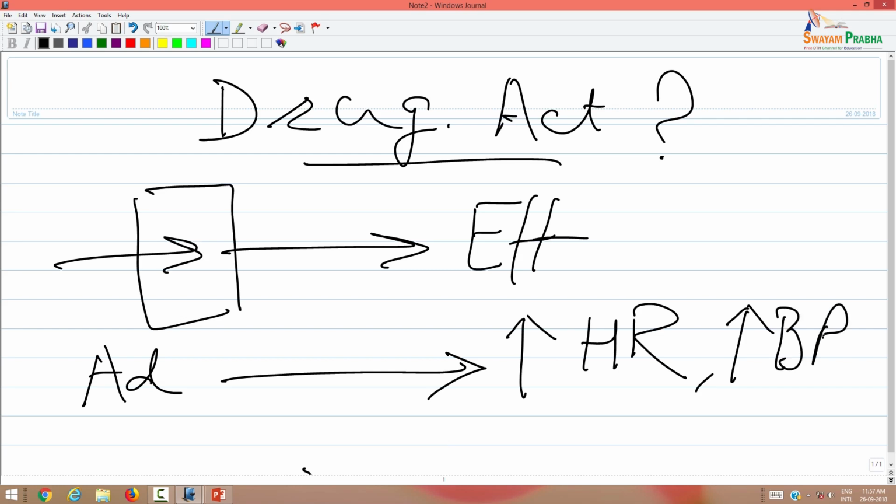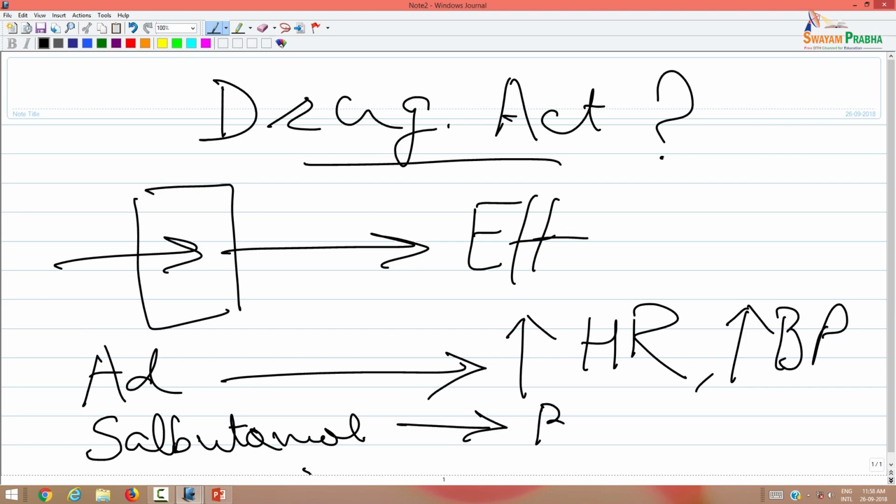If you give salbutamol, which many of you may know is used for bronchial asthma, then this causes bronchodilation.